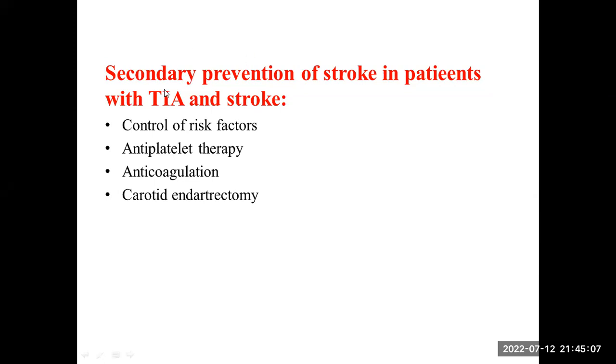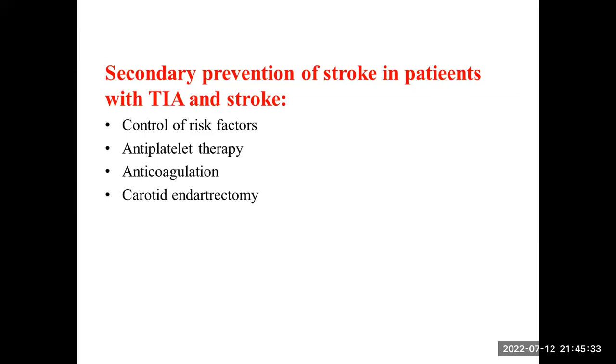Then when we talk about diabetes, which is also a major risk factor which should be controlled, we should use anti-hyperglycemic drugs which have been associated with reduction in the cardiovascular complications. There are certain anti-hyperglycemic drugs with evidence of reduction in the cardiovascular complications.